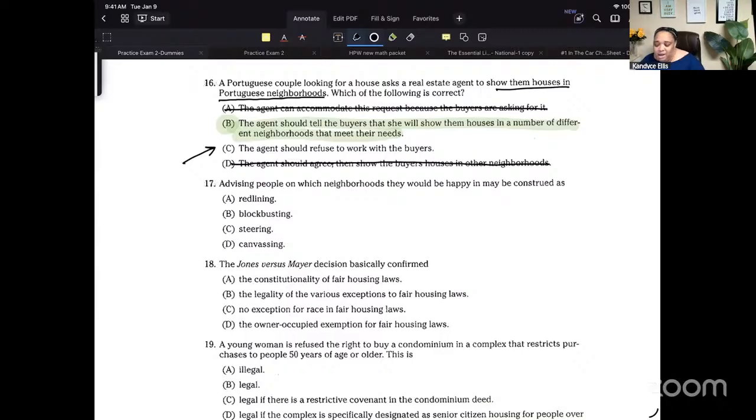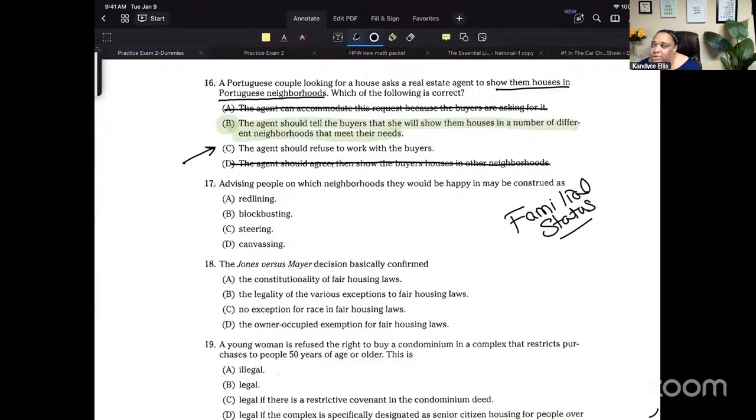And I'll say this is particularly true, explaining why, when you get to familial status. Now, I think all of us would know if somebody comes in and wants you to do something racist or discriminatory against religion or one of the other ones, it's pretty clear why you can't.